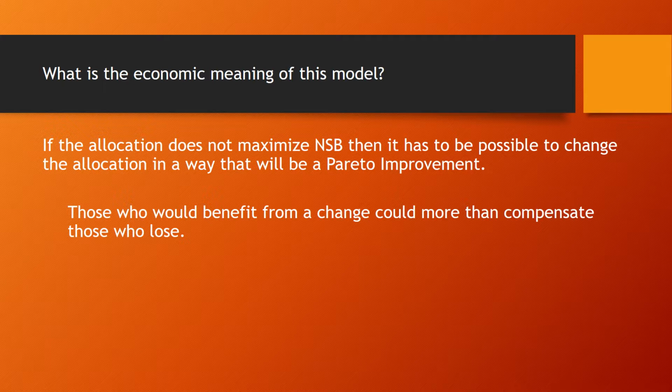After all, those in the community who benefit from either an increase in Q or a decrease in Q, moving in either case in the direction of the optimal quantity Q star, will gain a value, a sum, greater than the sum of cost to the others in the community. And this means that those who gain could more than compensate those who lose. This is the very meaning of a Pareto improvement. It means a Pareto improvement is possible.